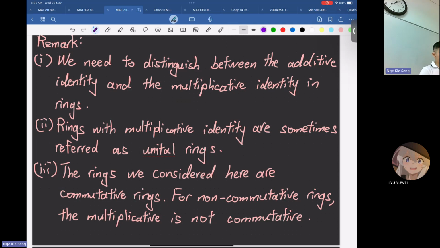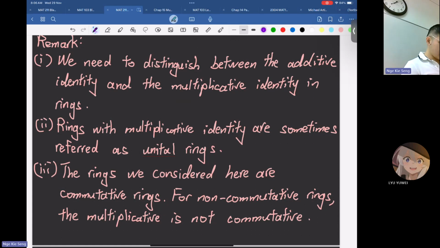The rings in our definition are quite general, commutative rings. For non-commutative rings, the multiplication might not be commutative; we can just consider associative multiplication. Again, without commutativity there's no identity. So check out the definition of rings whenever you meet rings, but this is the most general one about commutative rings. The commutative here refers to the multiplication. Addition is always abelian.